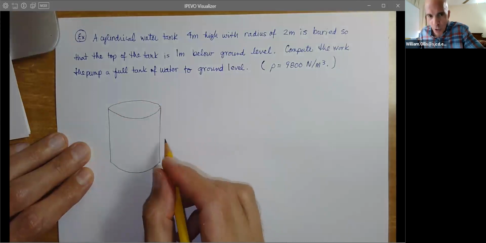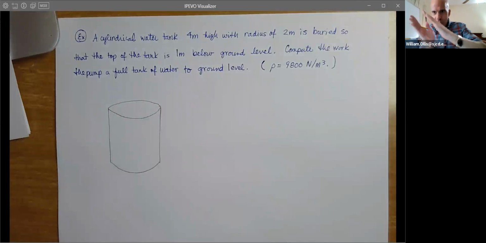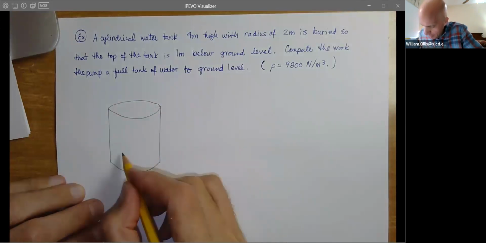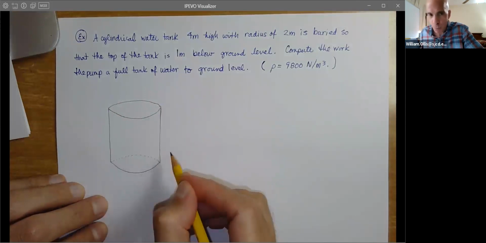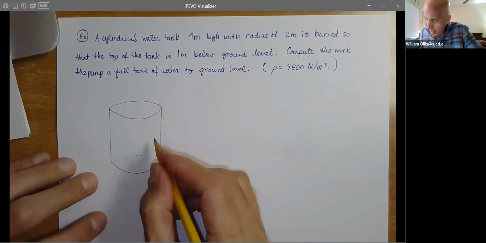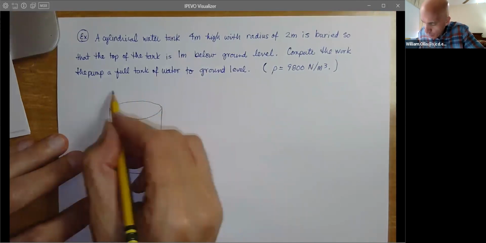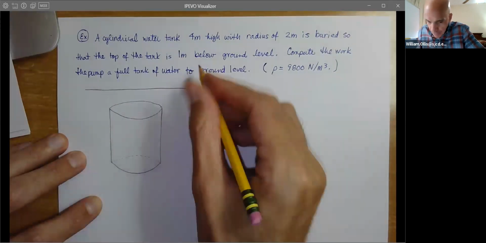These are right cylinders, not slanted; the rulings are parallel to a given axis. So here's our tank, and I'll write here ground level, or ground.